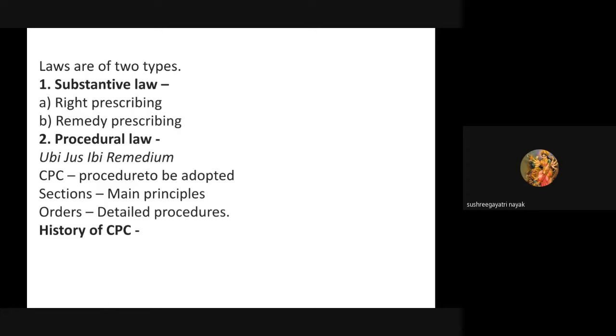Now, the question may arise: how is it that culture and tradition will affect a particular law? To give you an example, which I read today itself, Section 112 of the Evidence Act was actually drafted by Sir James Stephen, and it is based on the Mahabharata, because when he realized that paternity is a sensitive topic in Hindu society, and there is no scope to challenge the paternity concept.